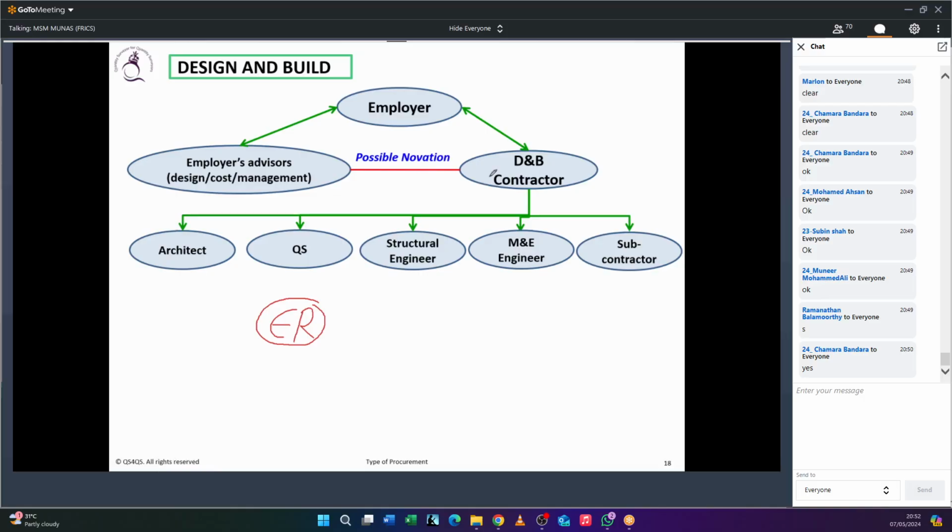Now, under the bidding process, what will happen? The contractor will go through the employer requirement and come back with their own design. Okay, so they will come back with the design. Let's say you ask for a 3 bedroom villa, right? So one design will be like a square shape. Everybody will come with their own shape, because you define the requirement, not the design.